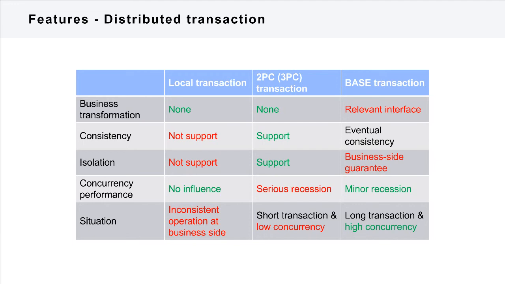From the table below, we can see that the performance of XA transactions is severely degraded and cannot meet the requirements of Internet high concurrency scenarios. BASE transactions have better performance, but corresponding business transformations are required, and the cost is very high.